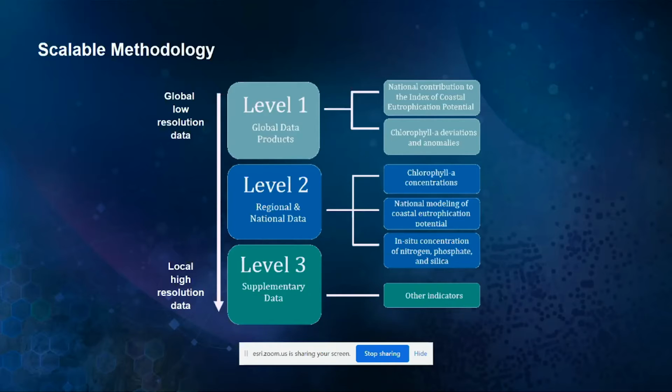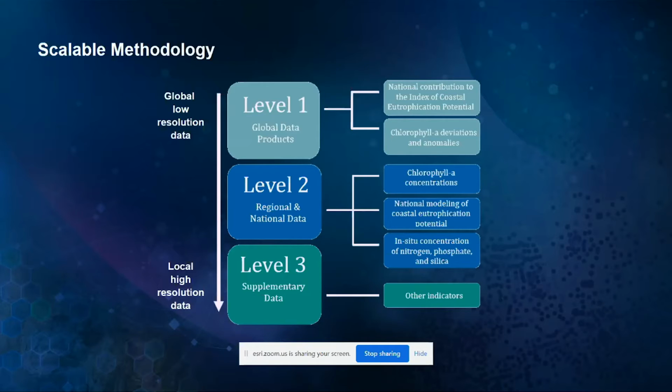The methodology also includes level 2 indicators, which are looking at specific chlorophyll-a concentrations, which can be derived from satellites or in situ measurements, and then looking at what is an appropriate level in a certain region, and then looking at national modeling for coastal eutrophication potential, as well as the in situ concentrations of nitrogen, phosphate, and silica, which is important for diatom algal blooms.